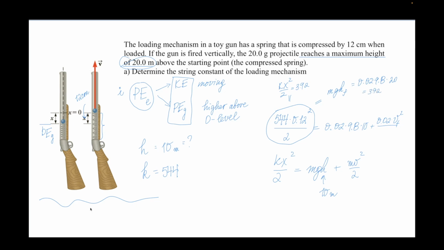So 3.92 is the total original initial energy, and it turns into 0.02 times 10, so it's 0.2 times 9.8, that is 1.96. Half of the energy, if I'm at half the height, I only have half the energy left for kinetic. So 0.02 v final squared over 2.